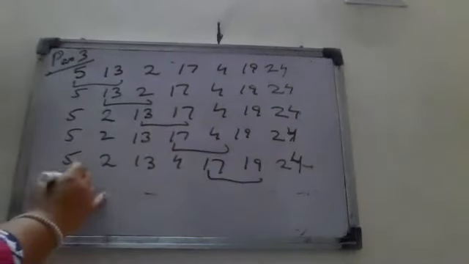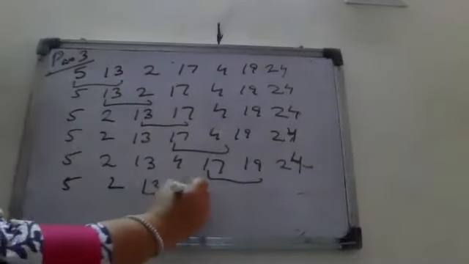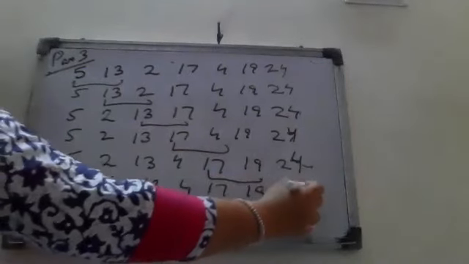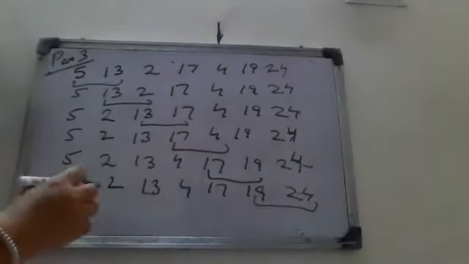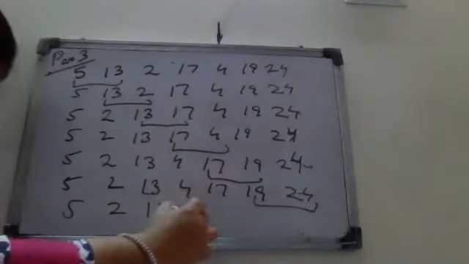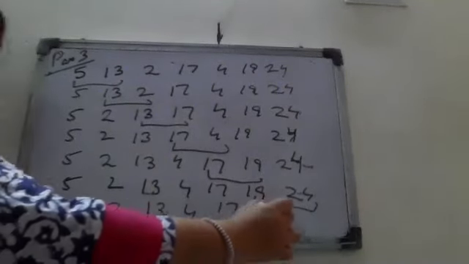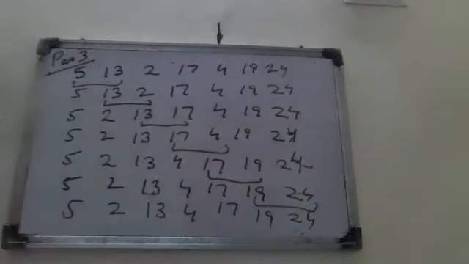This remains again the same: 5, 2, 13, 4, 17. And the last again remains the same. So the answer is 5, 2, 13, 4, 17, 19, 24. So this is the answer of pass 3.